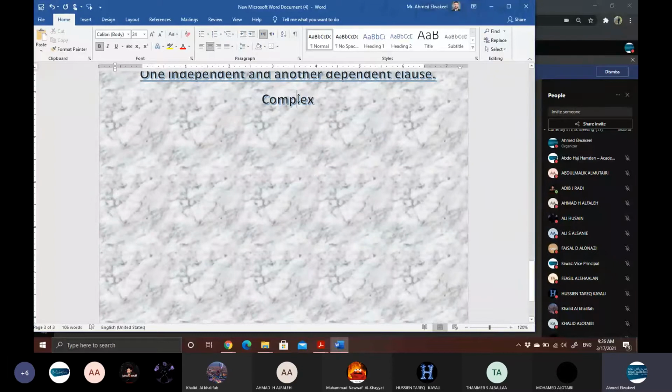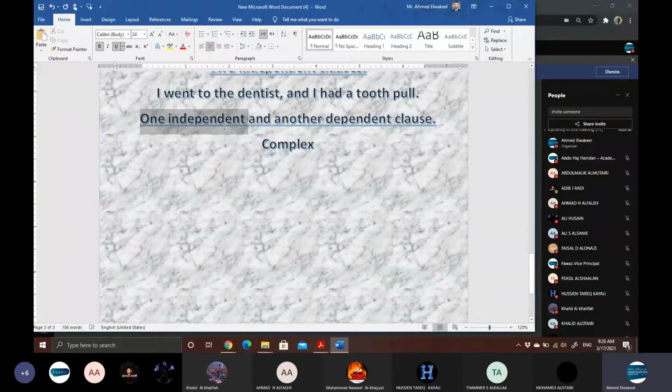Okay, give me an example about a complex sentence, please. So again, the complex sentence consists of what? One independent clause and one dependent clause. One can stand alone, one cannot. Because Ali was hurt, I left him in a hurry.